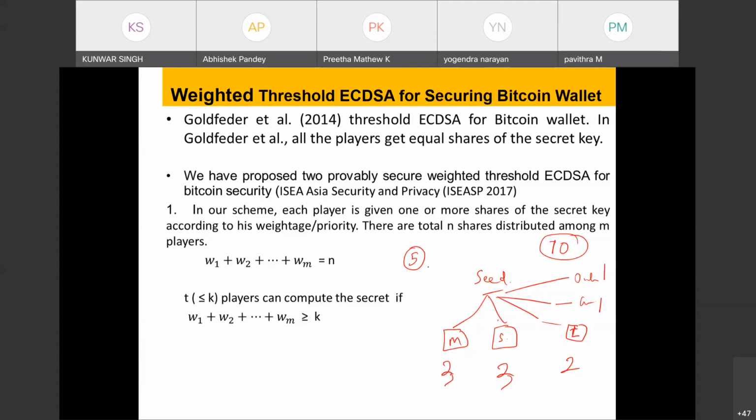If you provide 5 shares, say 3 and 2, then you can compute the secret. Or maybe these 2, 1, 2, and then this one, so these have to add up to 5. This is called a weighted threshold.